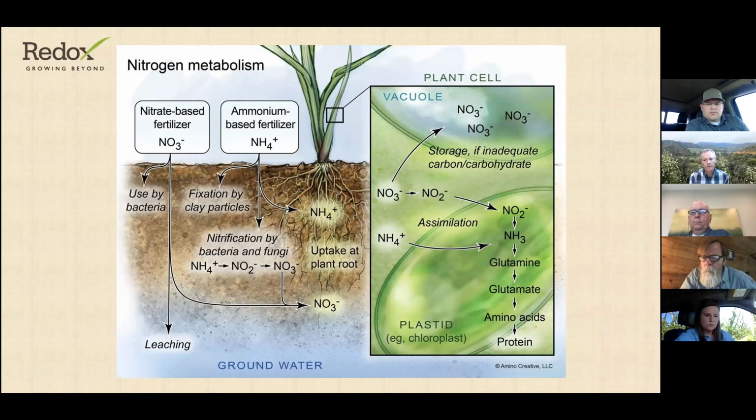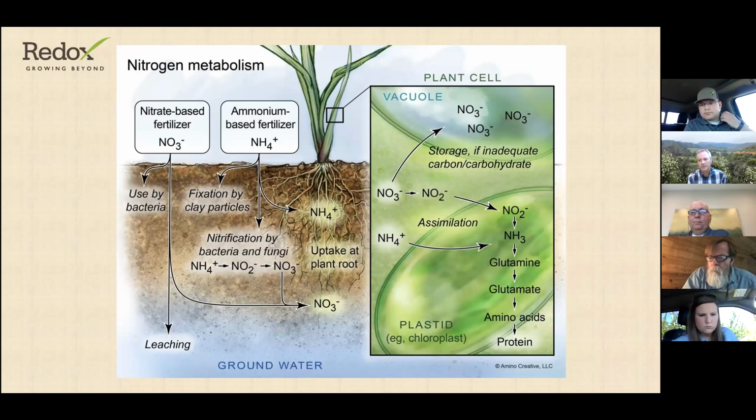Nitrate is reduced by nitrate reductase, and then by nitrite reductase to ammonium. Glutamate and glutamine are the result of combining carbohydrate and ammonia, which then becomes the basis for all amino acid and subsequent protein production in the plant.